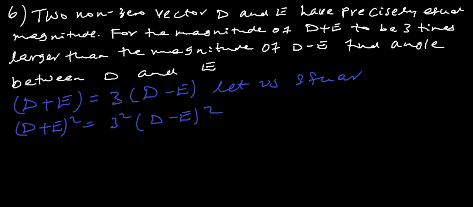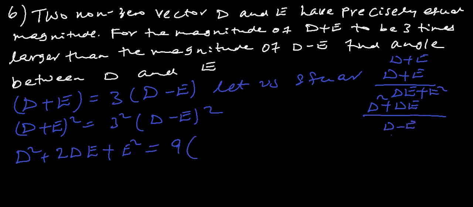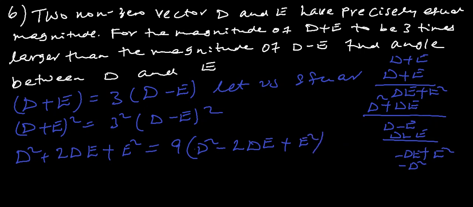If we square this, D plus E times D plus E means D square plus DE plus DE plus E square, therefore D square plus 2DE plus E square is equal to 9 into D minus E times D minus E, D square minus 2DE plus E square.